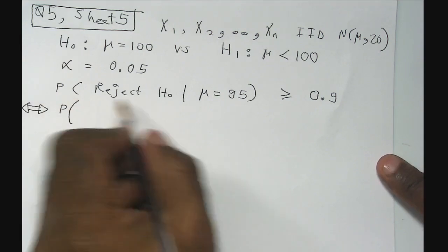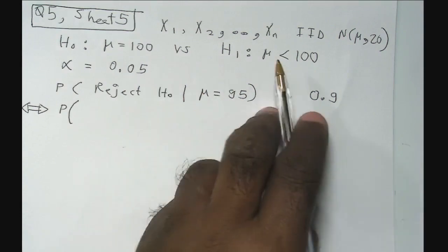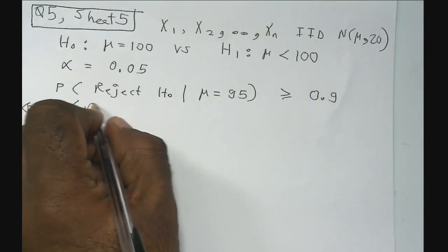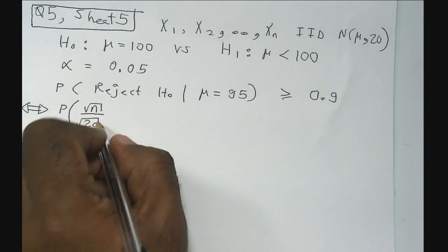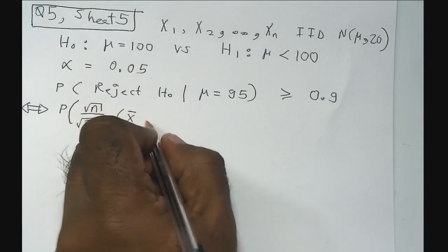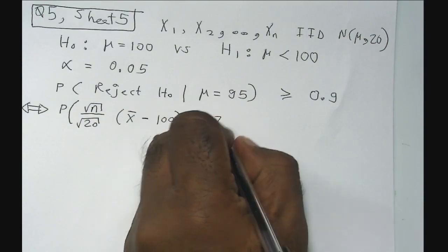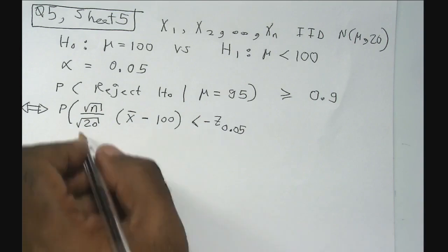First of all, you need to find the rule for rejecting. We have mu equal to 100 versus mu less than 100. So the rule is root of n divided by sigma, which is root of 20, times X bar minus mu 0, which is 100, less than the critical value.